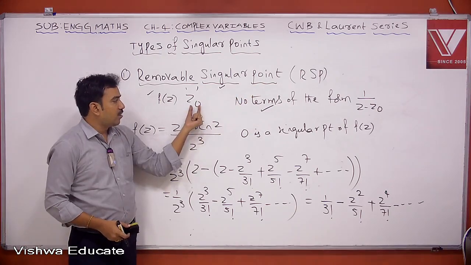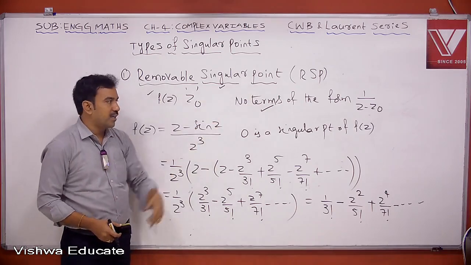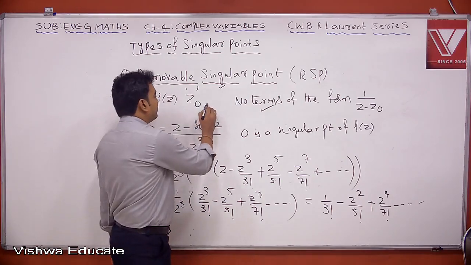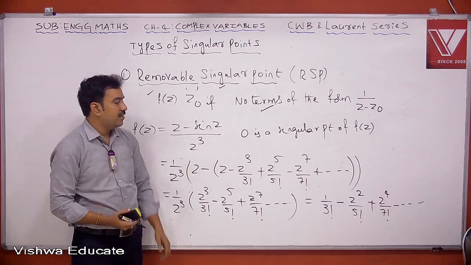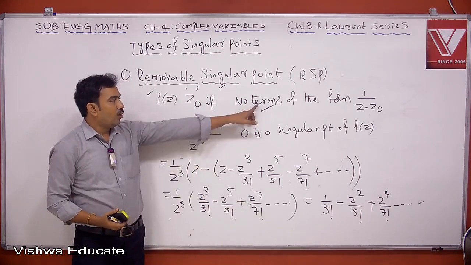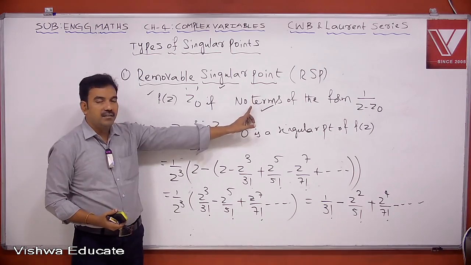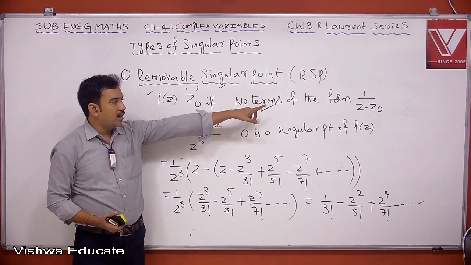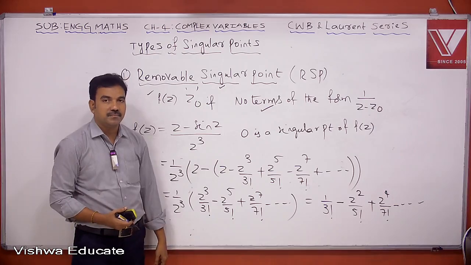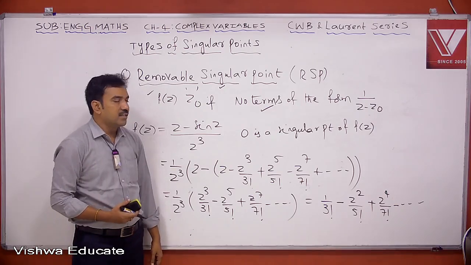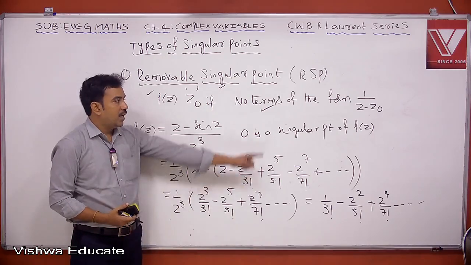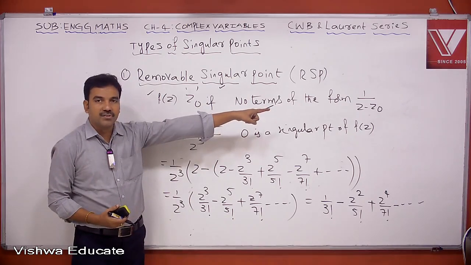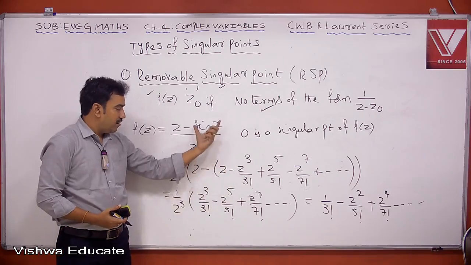We say that z naught is a RSP of f of z if the Laurent series expansion of f of z has no terms of the form 1 by z minus z naught. Write this example.